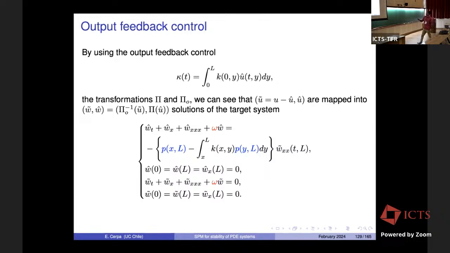In fact, we define a new solution, U tilde, which is U minus U hat, and you keep U hat, and you can now do a backstepping transformation using two different transformations. And you get this system, and you can study that this system is exponentially stable.